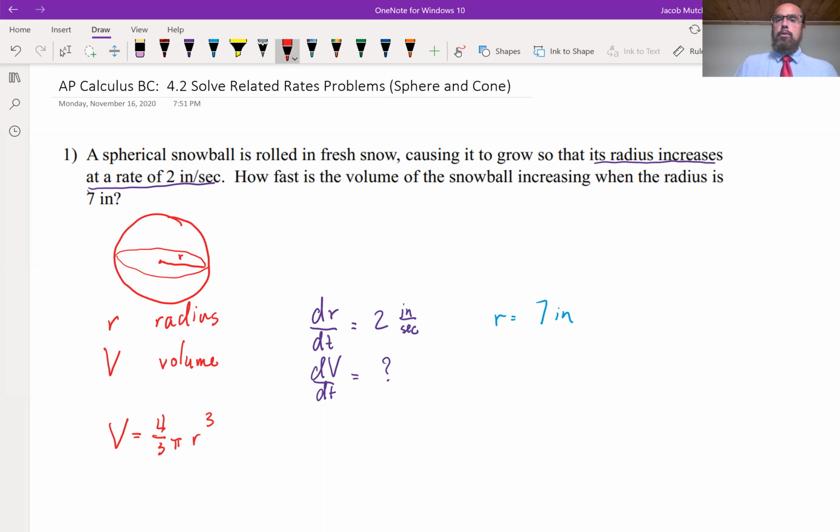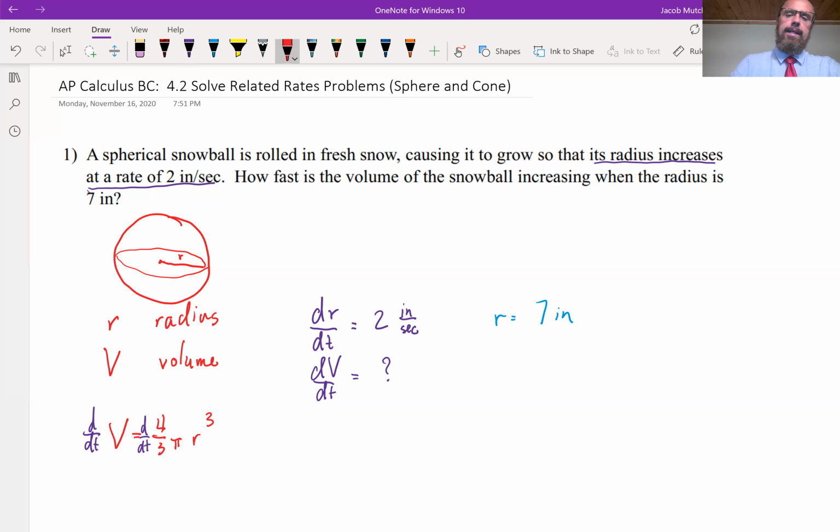So I've got my equation. I now need to take the derivative of both sides so that it becomes applicable for discussing rates. So let's take the derivative of volume with respect to time and also the derivative of that whole right side, that product 4/3 pi r cubed, with respect to time.